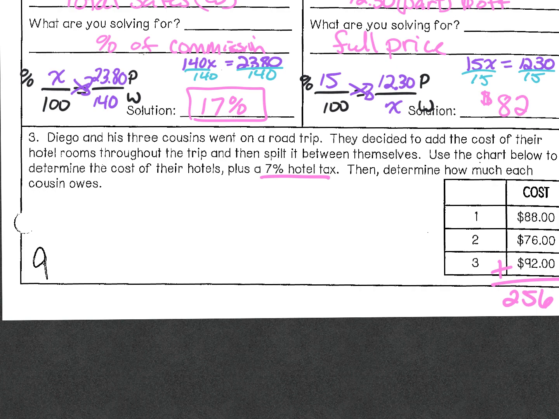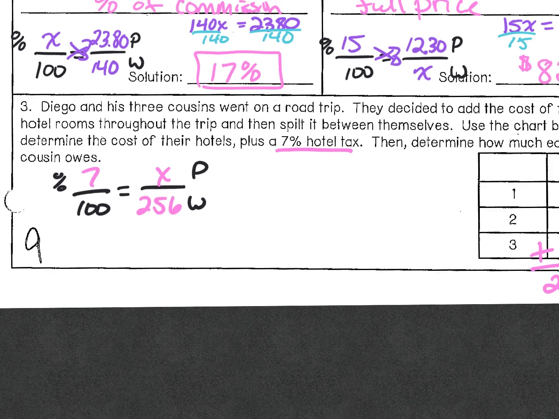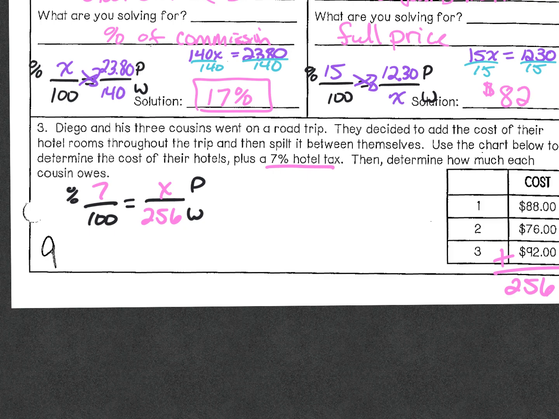We're going to figure out our tax. So percent over 100 is equal to part over whole. Okay, so we're looking for tax. So 7%, and our whole is 256. We're going to have to do a couple of things here. Okay, so let's go ahead and cross multiply this guy.